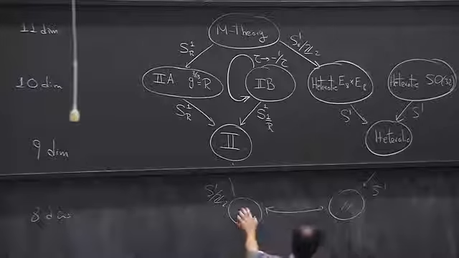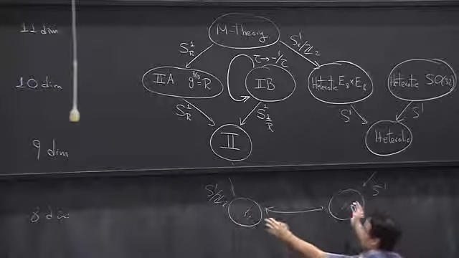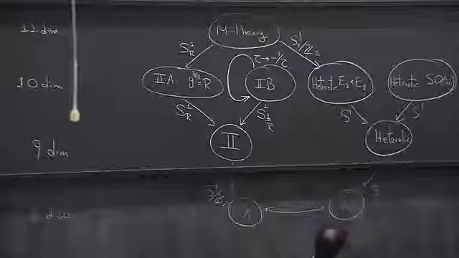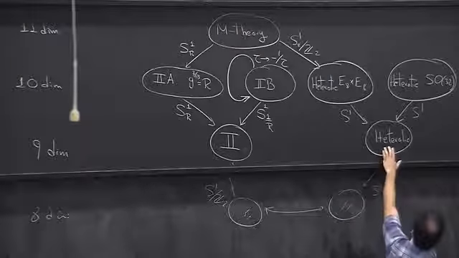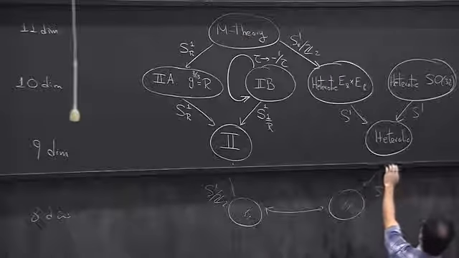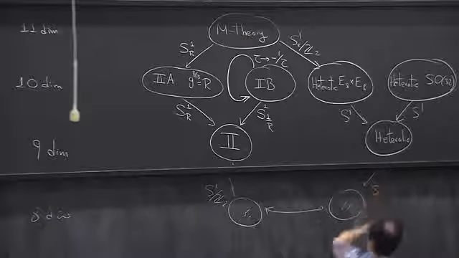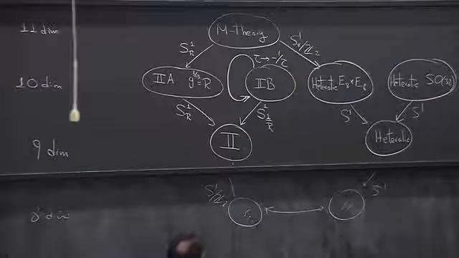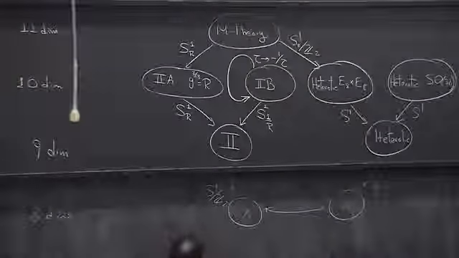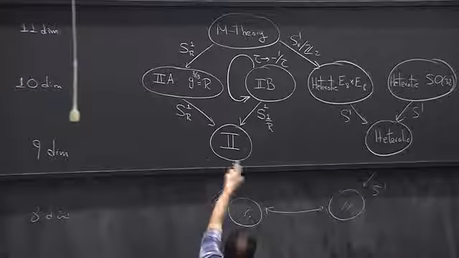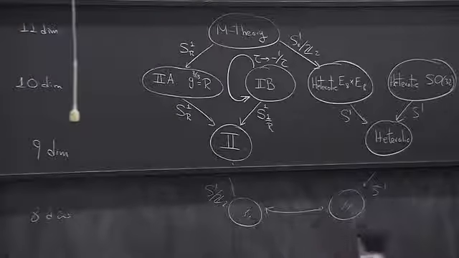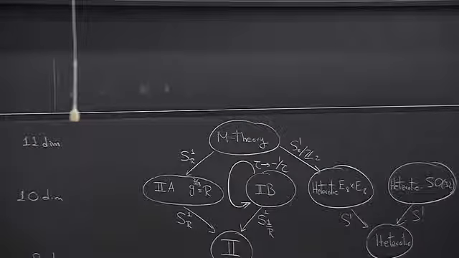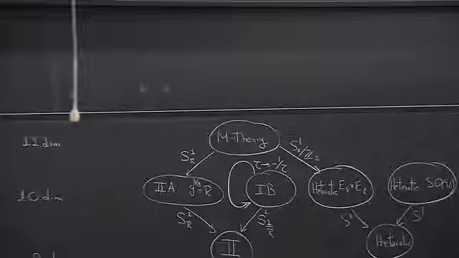And once you connect these two theories, you can try to go back. And when you go back, you should find that there are 2 ways of going up here. When you decompactify this, there should be 2 ways of going up here. And there should also be 2 ways of going up here, preserving the same amount of supersymmetry. So that will not land you on these theories, but that will land you on something else that lives in 10 dimensions, which is a theory that is called type 1.